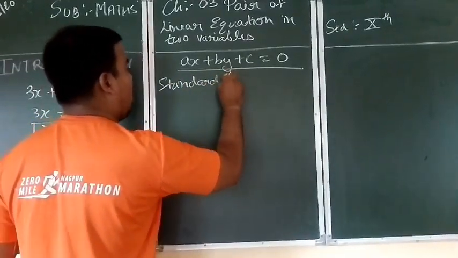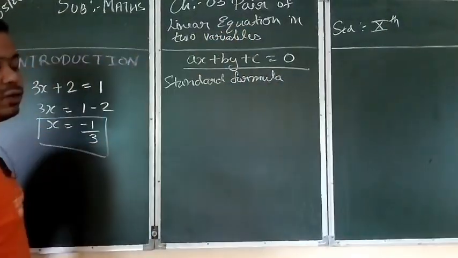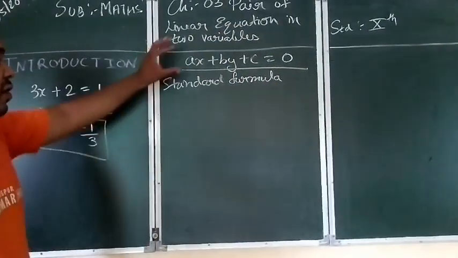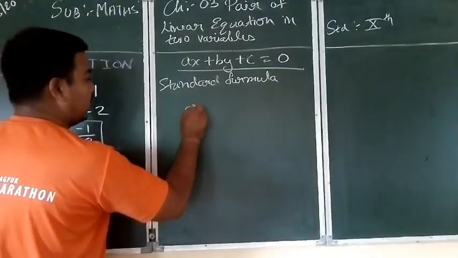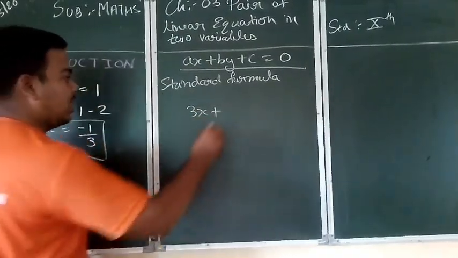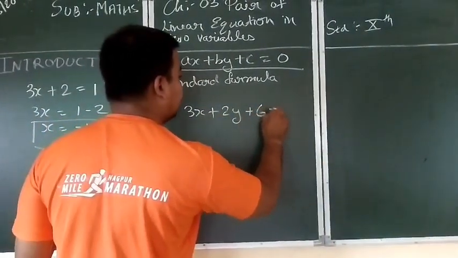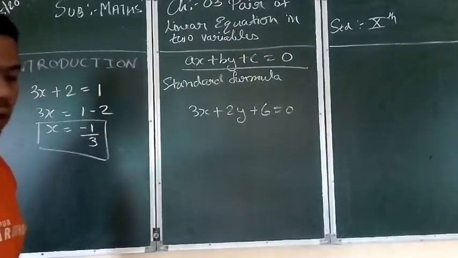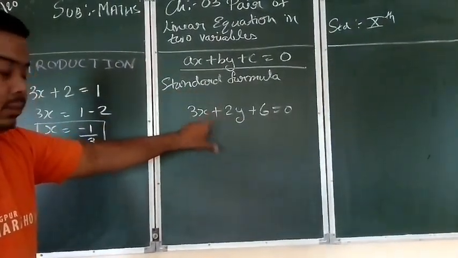Now according to this formula we write one equation: 3x plus 2y plus 6 equal to 0. We write it in the standard form.